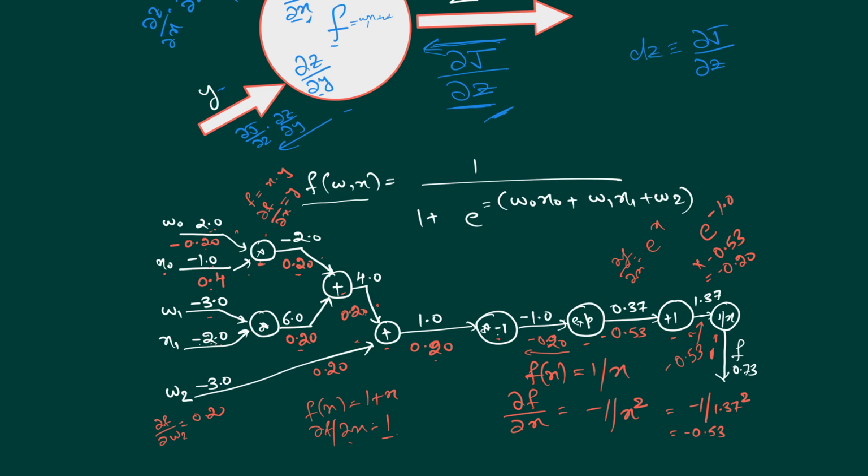That's the local gradient, and once we multiply it by 0.2, it's going to be minus 0.4. And if you look at the bottom branch, it's going to be 0.6 with the multiplication, so minus 3 into 0.20. At this point, we have all the gradients that we sought.